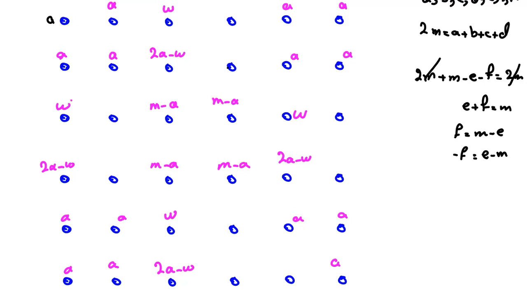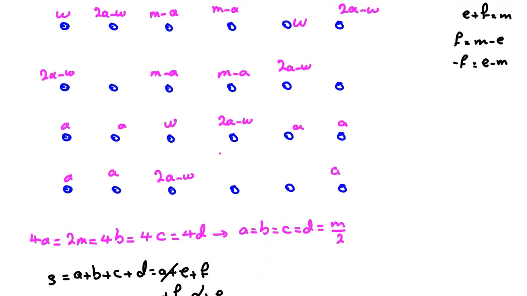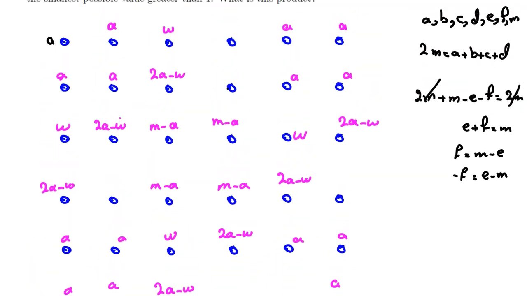Okay, now because we know the sum of these two things equal to this 2A, this one should be 2A, so it is 2A minus W. Again, we can say this one is 2A minus W. This one, because of this 3 by 3, 2A minus W. And do we have any other 2A minus W?